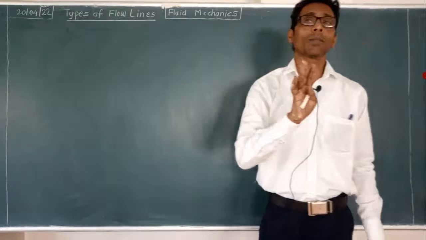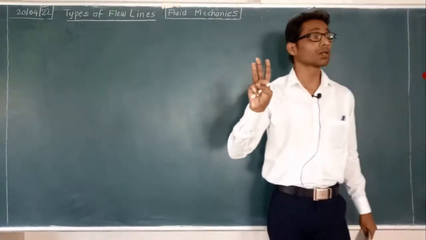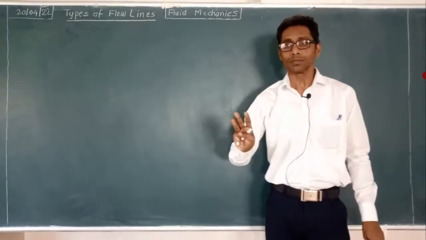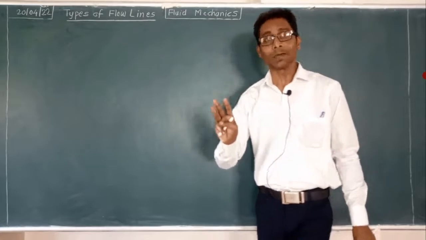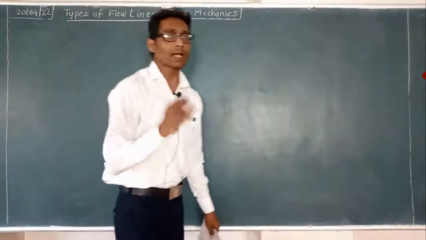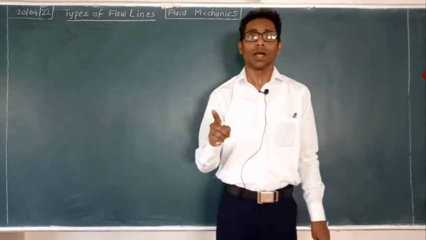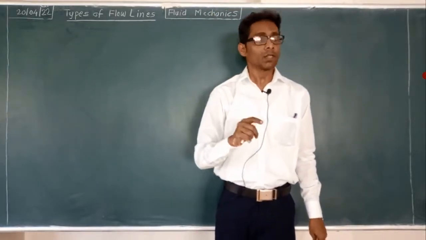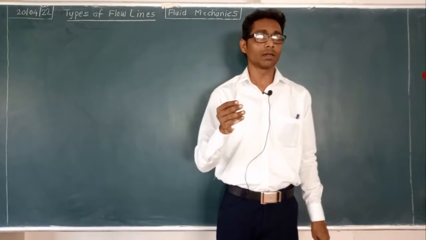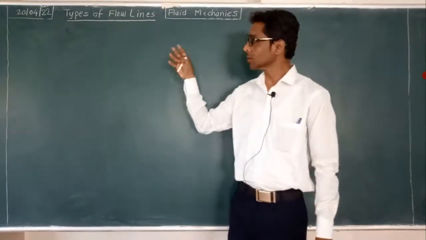Prominently three types of lines are used in fluid mechanics to represent flow: one is a path line, second is a stream line, and third is a streak line. What exactly is the difference among these three lines, we are going to see.